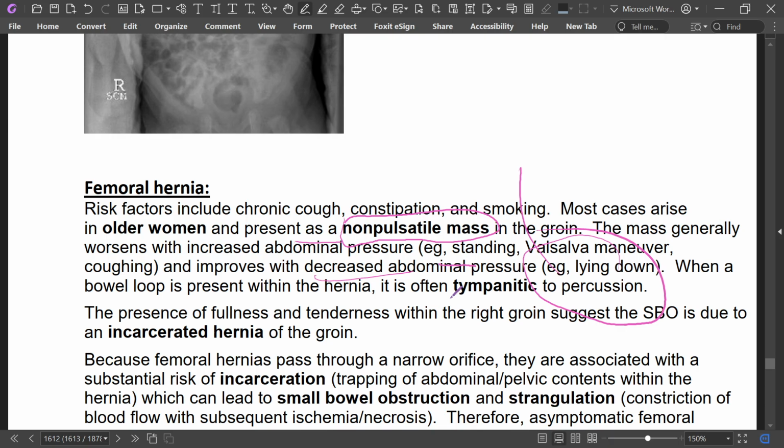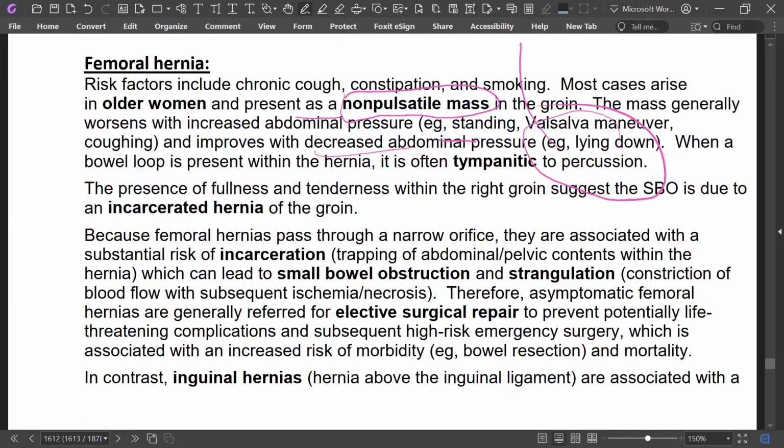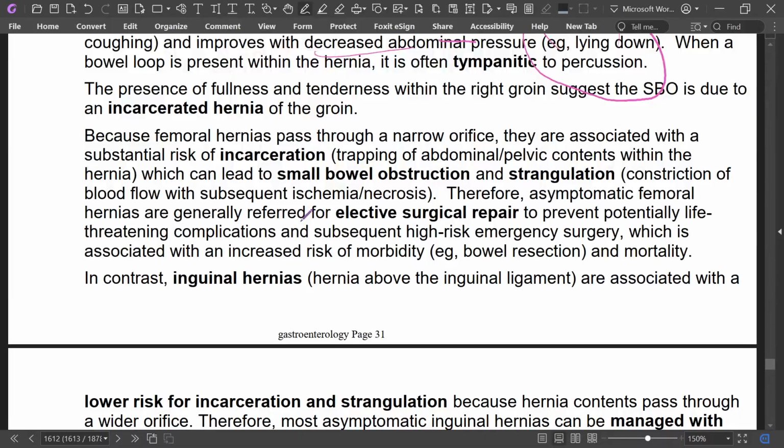The presence of fullness or tenderness within the right groin suggests SBO, small bowel obstruction, due to incarcerated hernia of the groin. Because femoral hernias pass through a narrow orifice, they are associated with substantial risk of incarceration, which may lead to small bowel obstruction and strangulation.